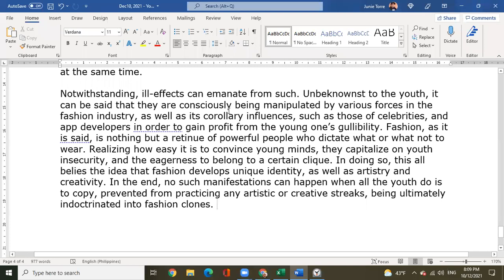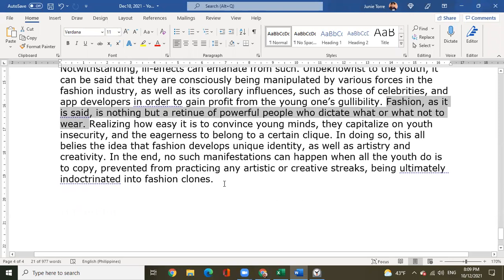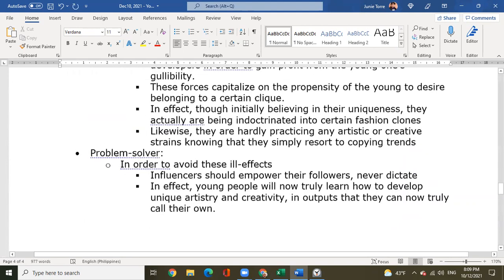So yeah, in a way, fashion is really a group of powerful people who just tell us what to wear and what not to wear. Here. So if Louis Vuitton says that their bag is beautiful, then everybody says it's beautiful because that's what Louis Vuitton said. There. All right. Then we're now going to the problem solver.